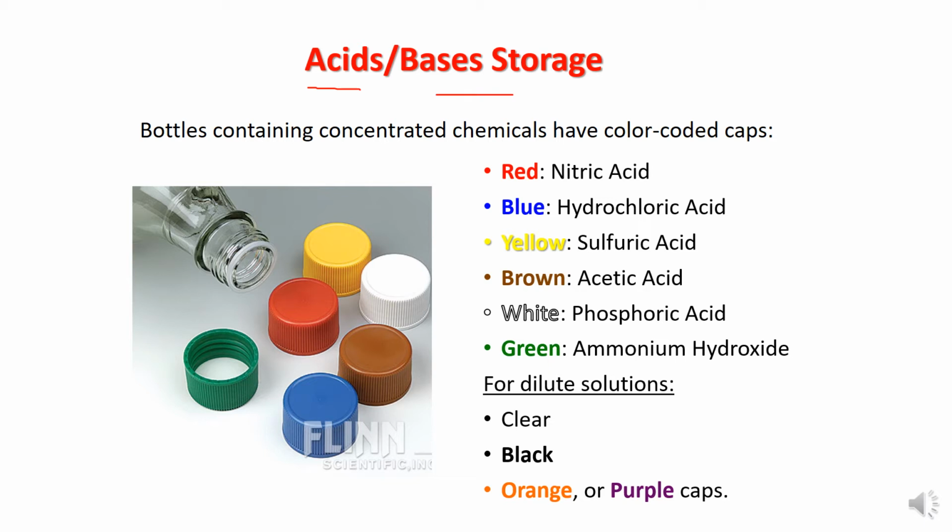For instance, red is used for nitric acid, blue is used for hydrochloric acid, yellow for sulfuric acid, brown for acetic acid, white for phosphoric acid, and green for ammonium hydroxide.